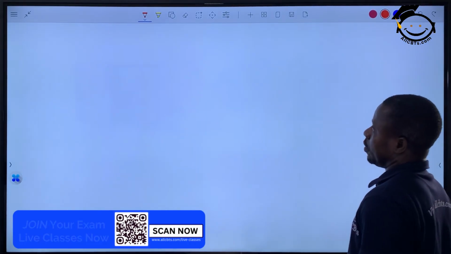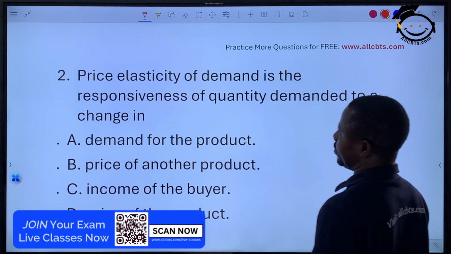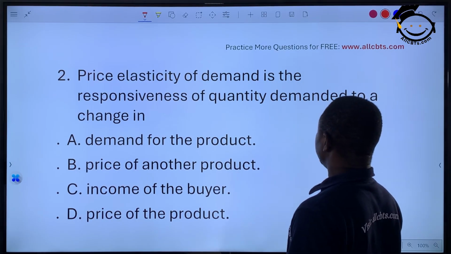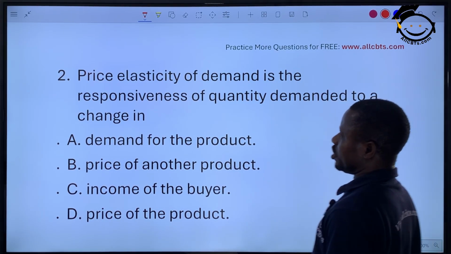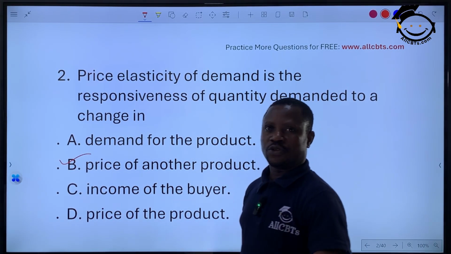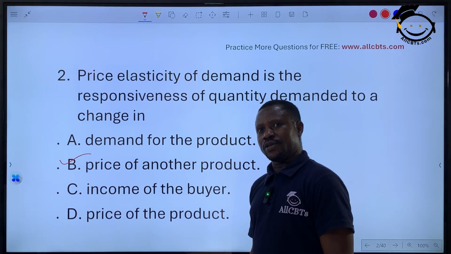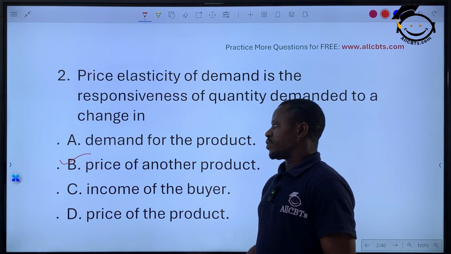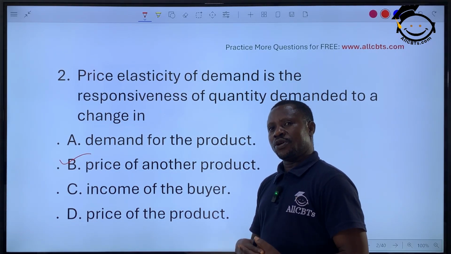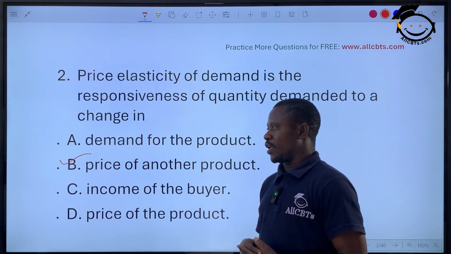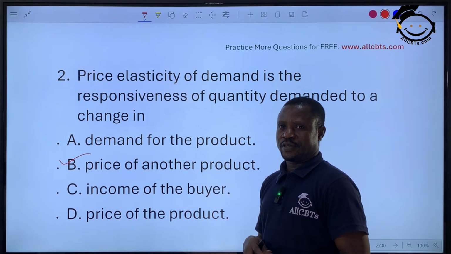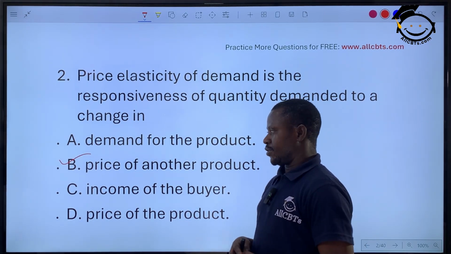Price elasticity of demand is the responsiveness of quantity demanded to a change in the price of the product. In one of our videos earlier shared on this channel, we discussed extensively the theory of demand and supply, and particularly price elasticity and income elasticity of demand and supply.